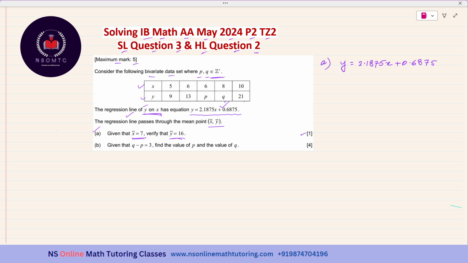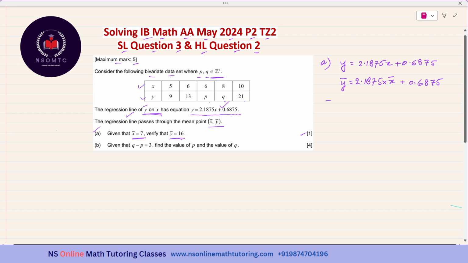And this is a paper 2 question, so we can use the calculator. So the mean value of y will be equal to 2.1875 times the mean value of x plus 0.6875. So this implies the mean value of y will be equal to 2.1875 times 7 plus 0.6875.